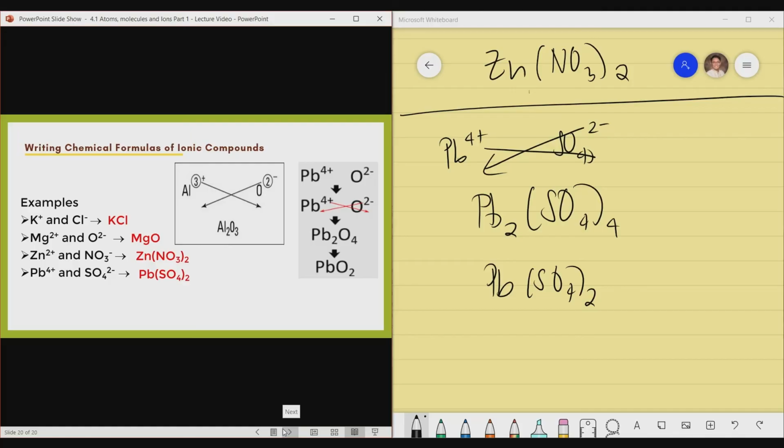Ang pwede mo lang i-lowest term is itong mga kinriss-cross mo. Ang kinriss-cross mo lang naman ay 2 at 4. Sila lang yung pwede mong i-lowest term into 1 and 2. Okay? And again, as you look at it, your final answer is electrically neutral and at the same time, it doesn't have a positive nor negative charge.